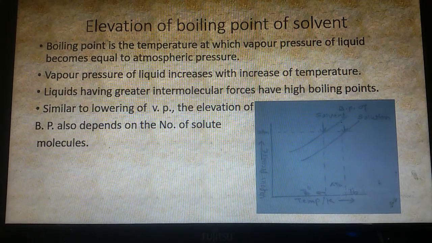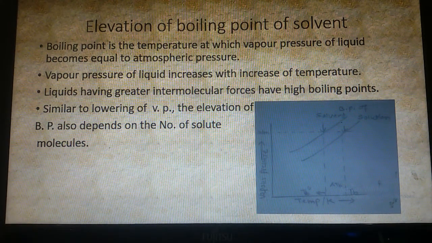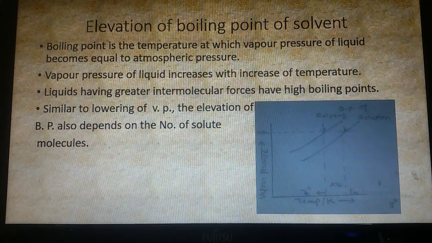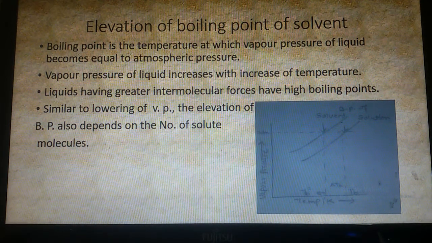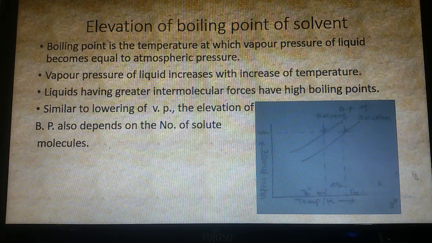The vapor pressure of a solution of a non-volatile solute is always less than that of the pure solvent. At the temperature of the boiling point of the pure solvent, the solution will not boil, as its vapor pressure is less than that of the pure solvent, which is equal to the atmospheric pressure.